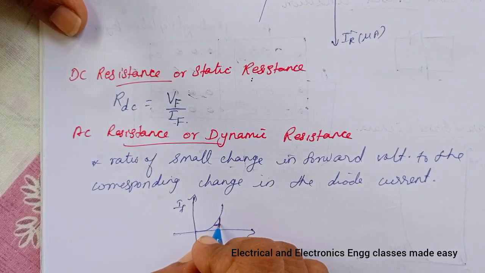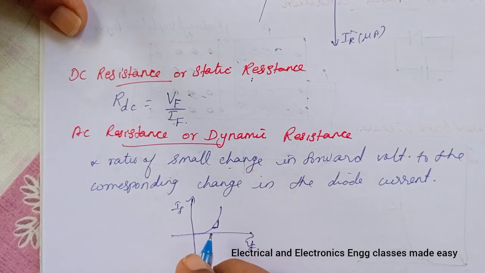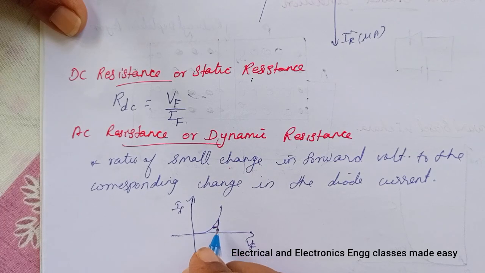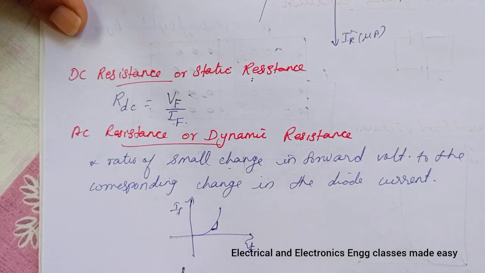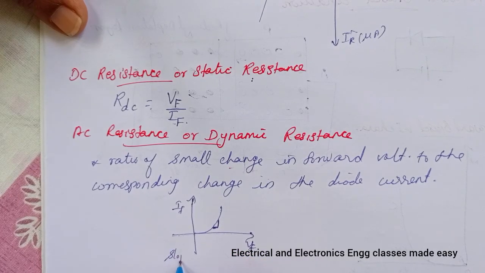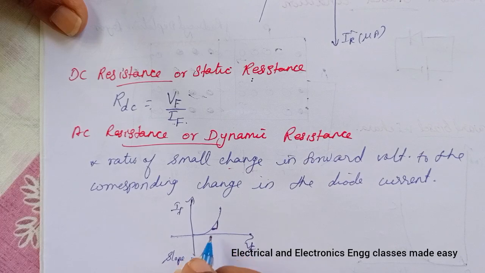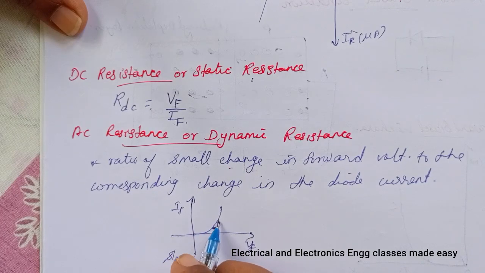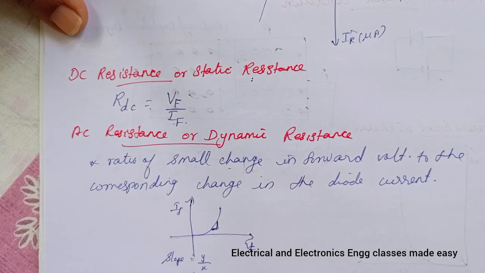So slope means the y component divided by the x component, and here the y component is current and the x component is voltage.